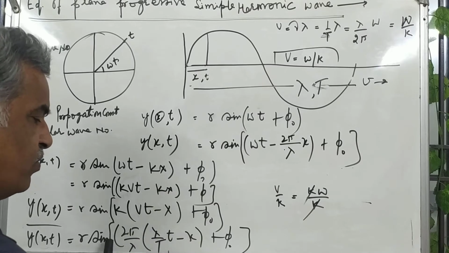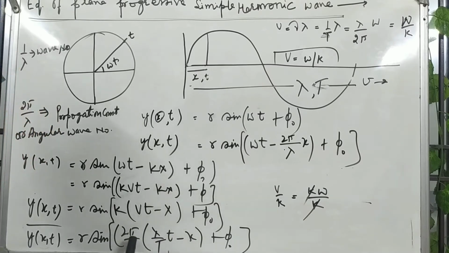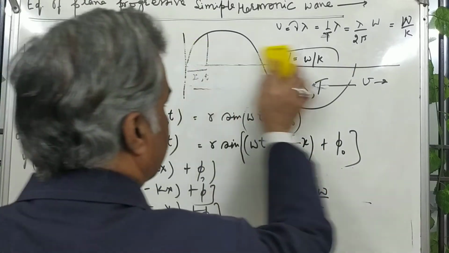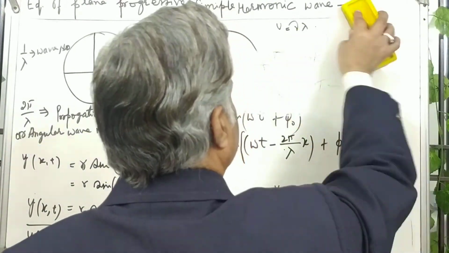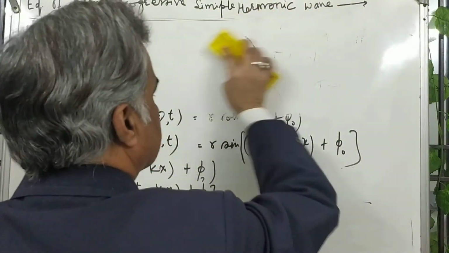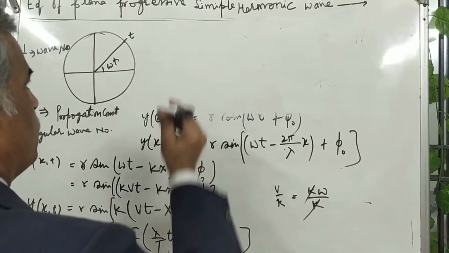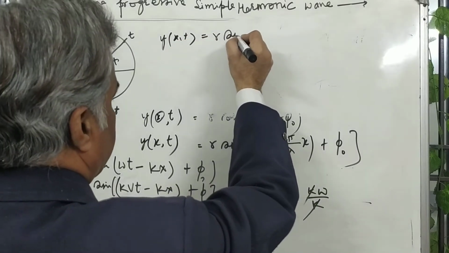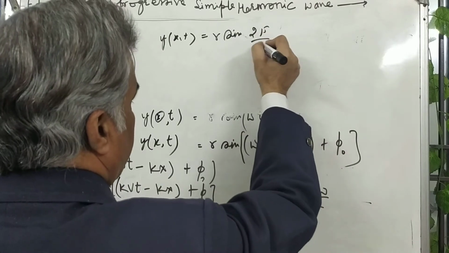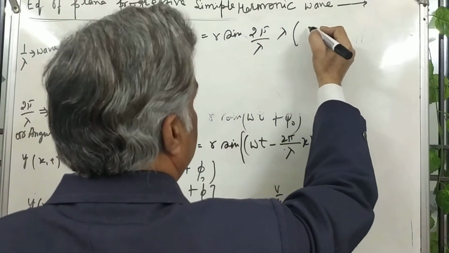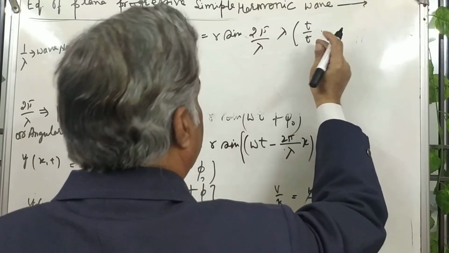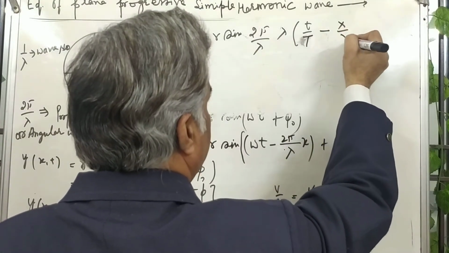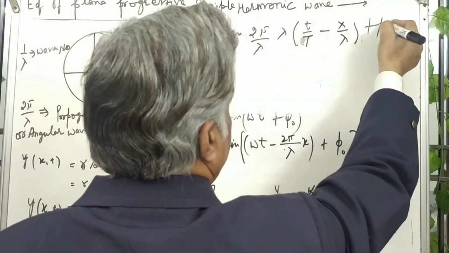So y(x,t) equals r sine of 2 pi by lambda, taking lambda common, times t upon T, the time period, minus x upon lambda plus phi naught.